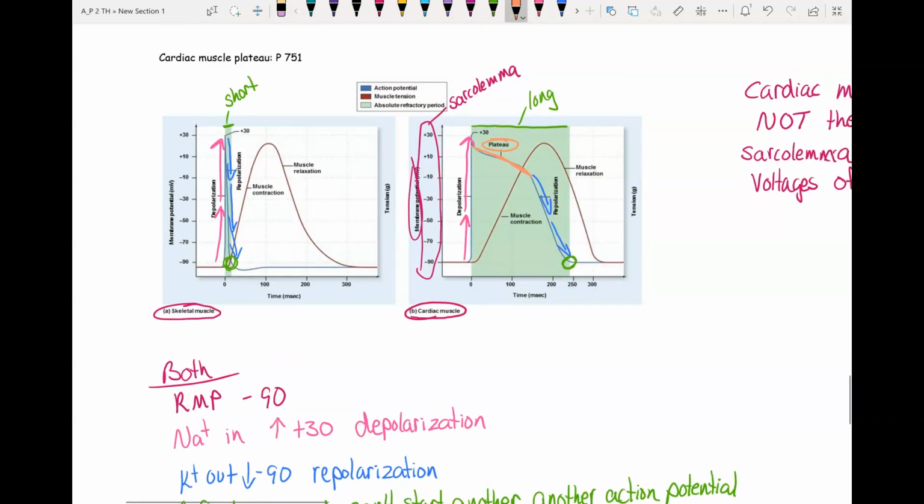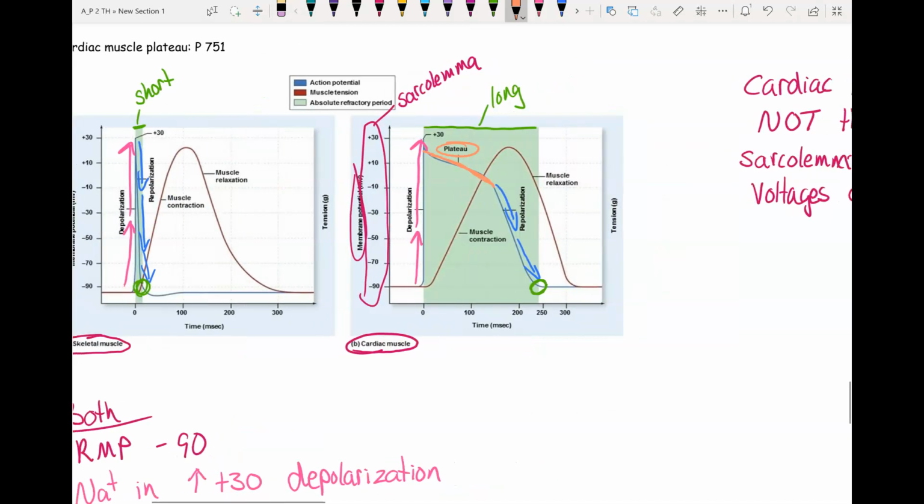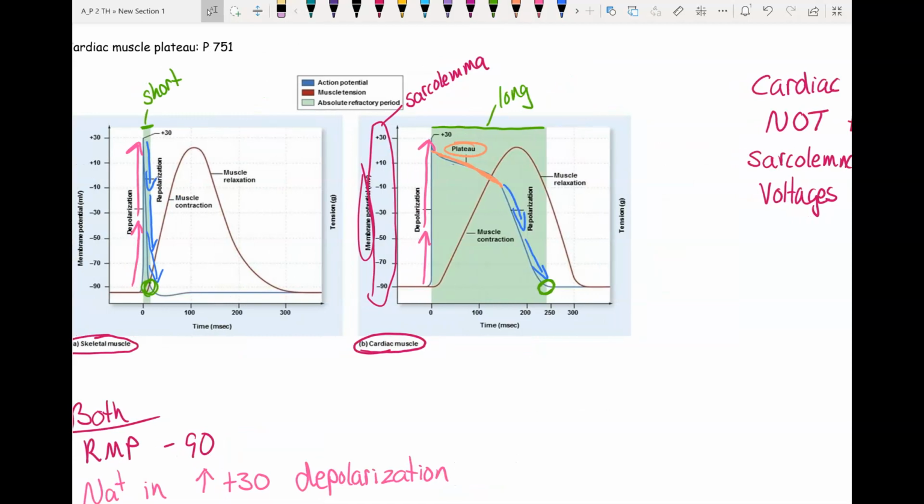So in the skeletal muscle, the refractory period is short because sodium comes in, then immediately potassium goes out. You depolarize, you immediately repolarize, you return to -90, refractory is over. In the cardiac muscle, you have sodium come in, you depolarize to +30, then you have your potassium going out, but you also have calcium coming in at the same time.